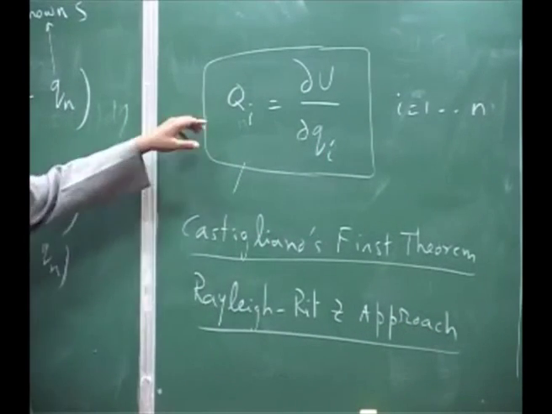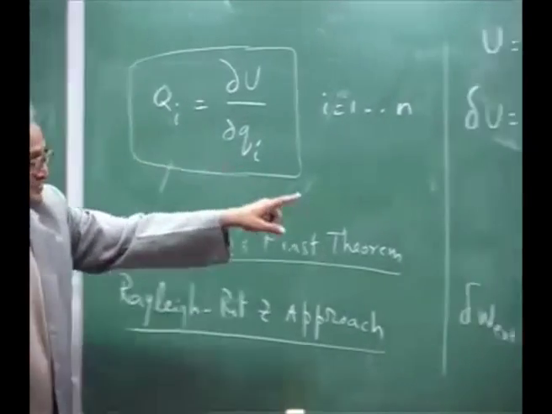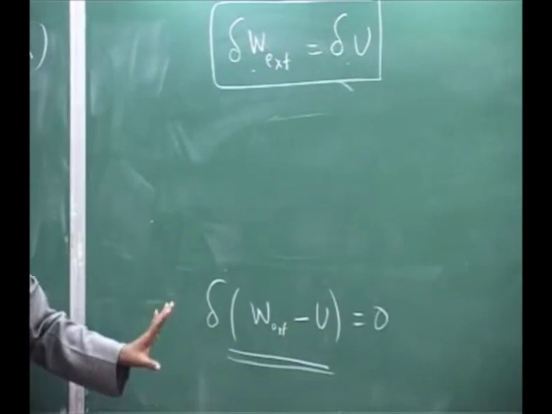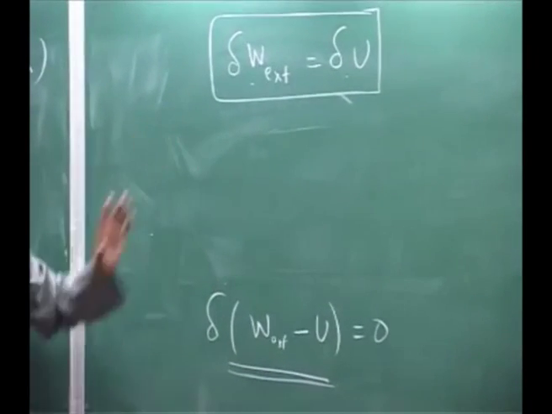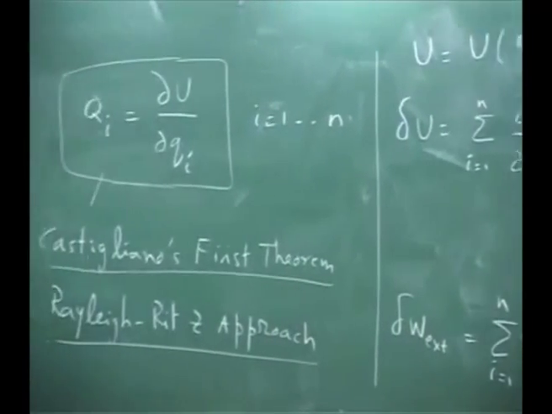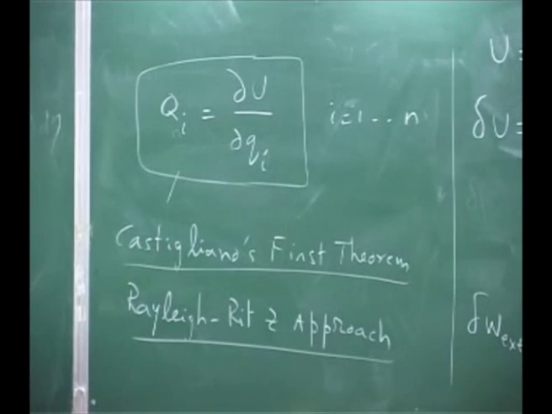But please understand, this is what we will use. This we obtained from the virtual work. Please remember this equation, this virtual work principle, it is not balancing the energy. Please understand, it is not an energy balance.